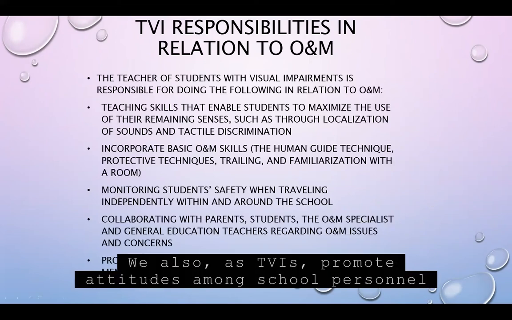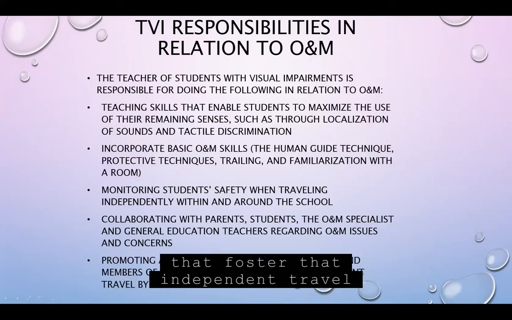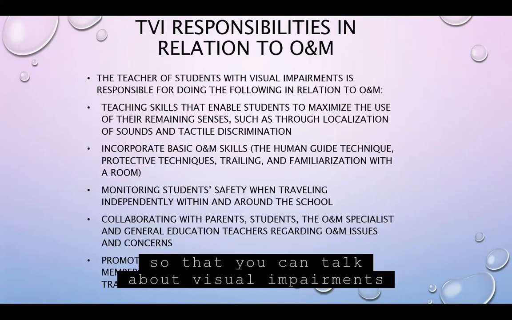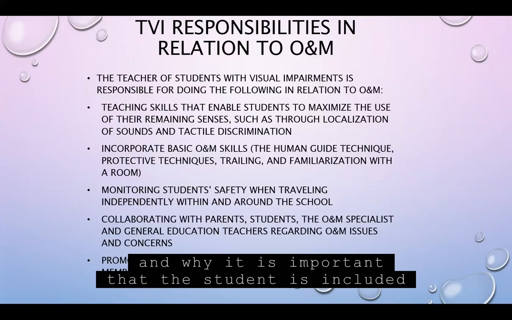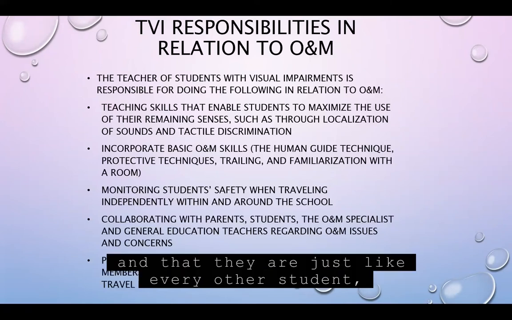We also, as TVIs, promote attitudes among school personnel and members of the community that foster independent travel by students with visual impairment. Part of what we have to do, and what I teach my students to do, is a VI 101 for the whole school, so that you can talk about visual impairments and why it's important that the student is included in everything at the school, and that they are just like every other student.